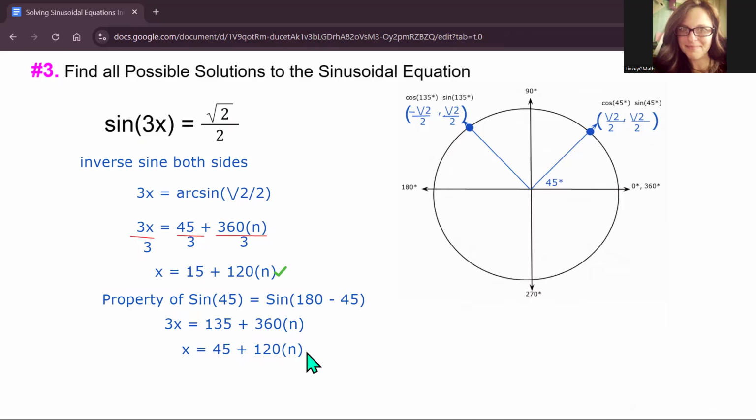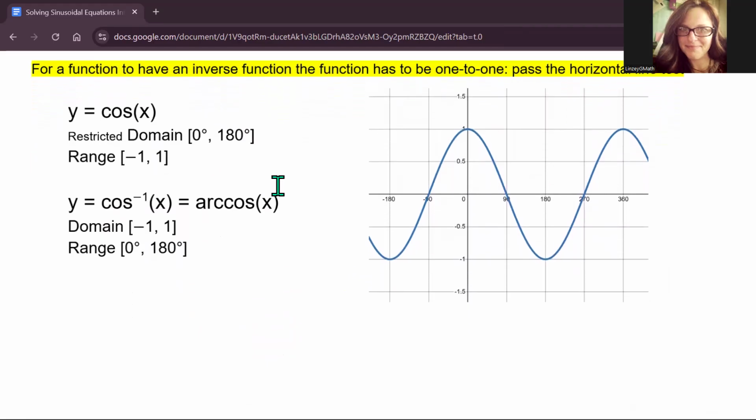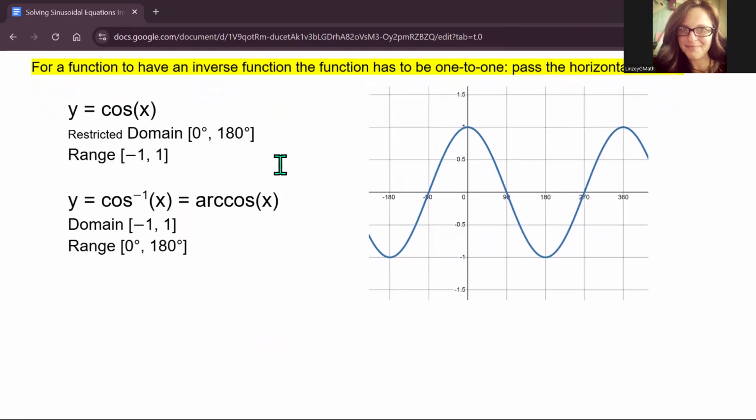Let's take a look at solving a cosine equation. So just as we did with sine, the cosine equation also, as is, does not pass the horizontal line test. We do hit more than 1 point if we use the entire domain. So we will restrict the cosine domain from 0 to 180.